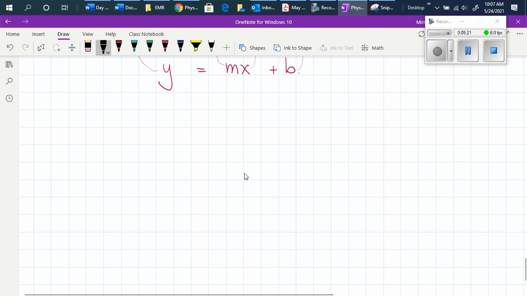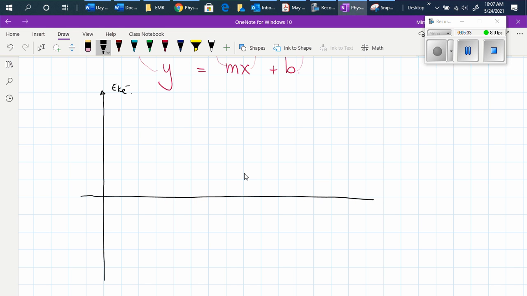So the graph that represents this relationship will be something like this: kinetic energy of the electrons on the y-axis, and on the x-axis the frequency.